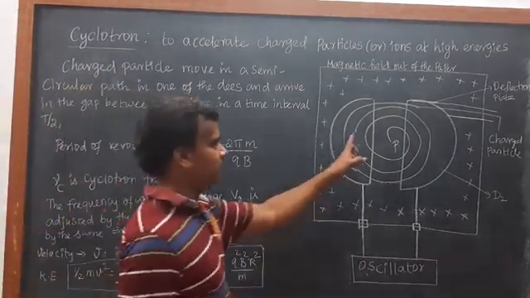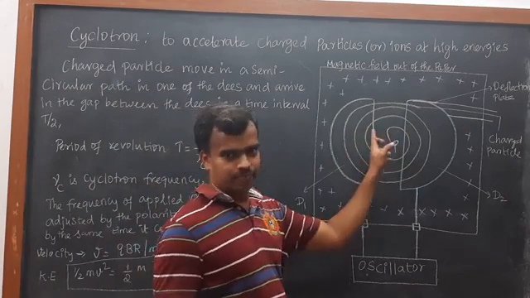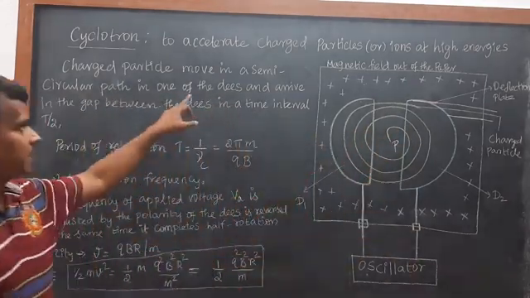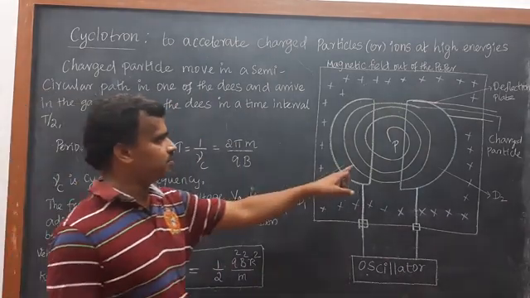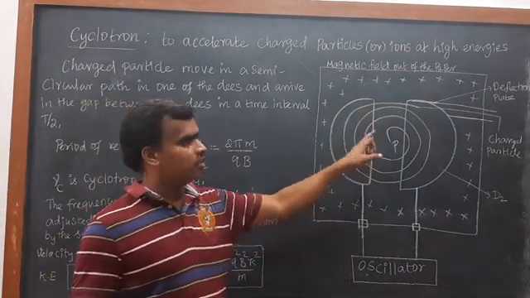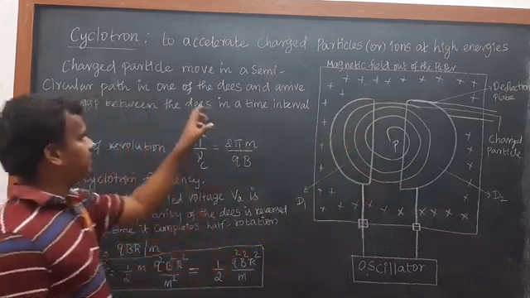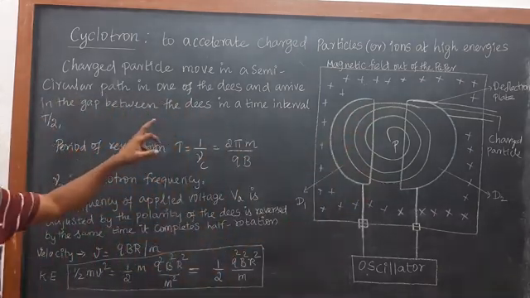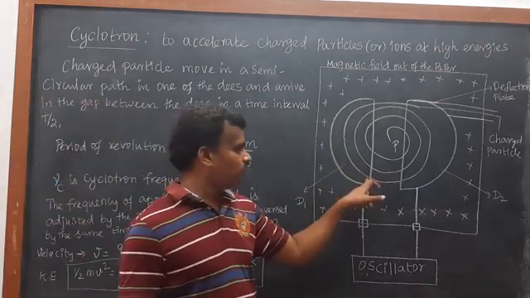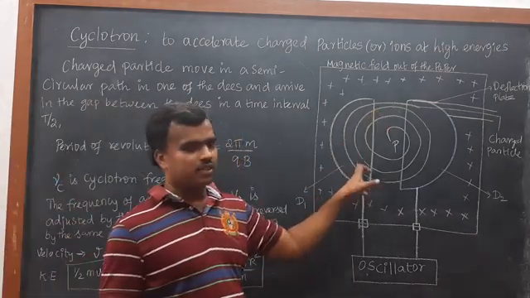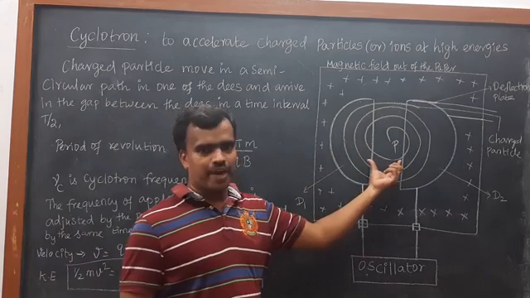What is a semicircular path? This is called a semicircular path, of one of the Ds. One of the Ds means this is one of the Ds, right? So semicircular means this is also semicircular, right? And arrive in the gap between the Ds. So once it makes a semicircle, it comes back to the gap between the Ds.